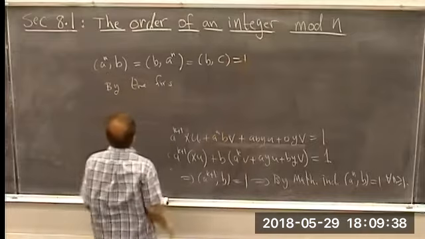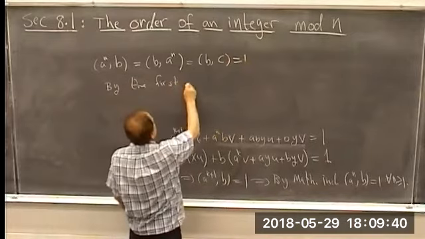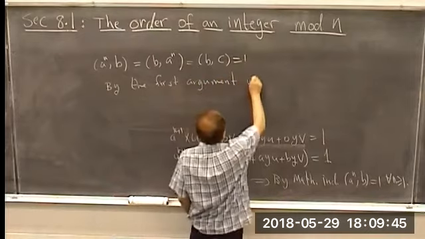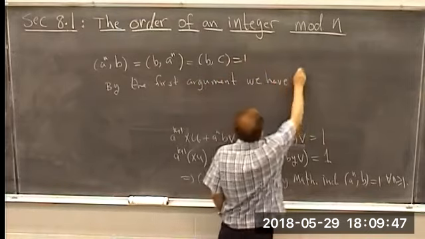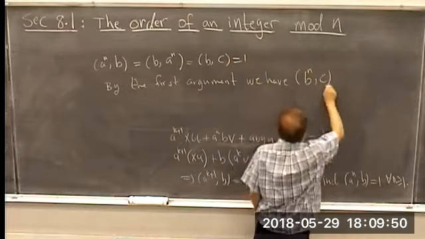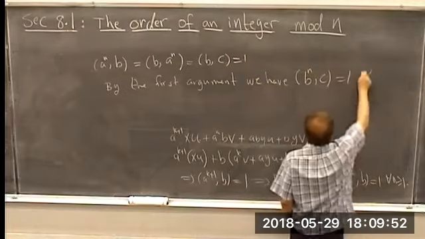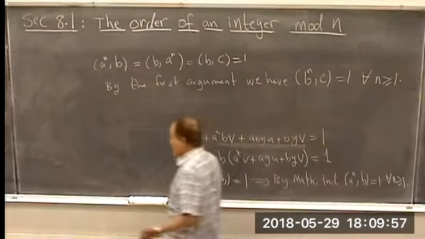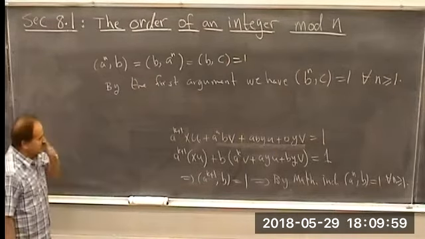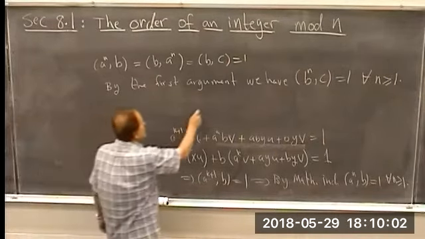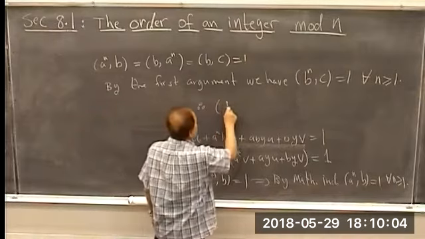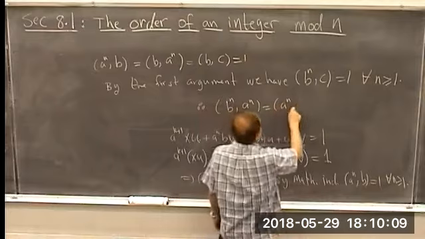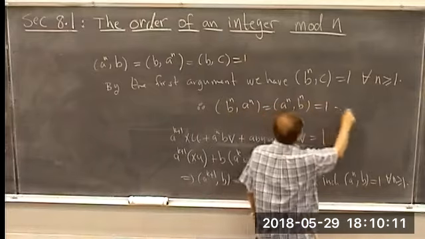We proved this equals 1 by the first argument. We have the greatest common divisor of B to the n and C is equal to 1 for every n bigger than or equal to 1, right? So who cares? It is A, B, all the same. And therefore, we have B to the n and A to the n, which is the same as A to the n and B to the n, equals 1.